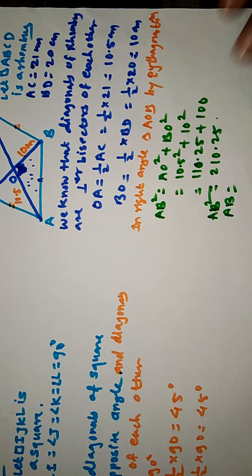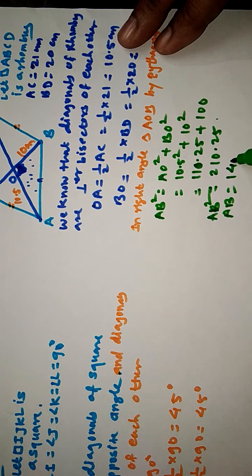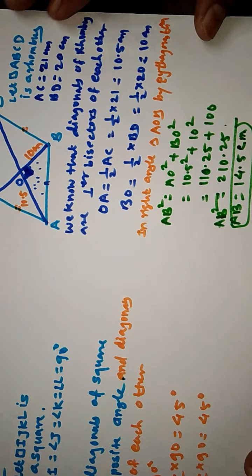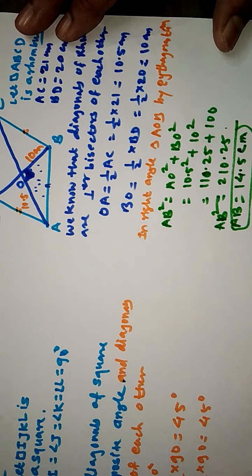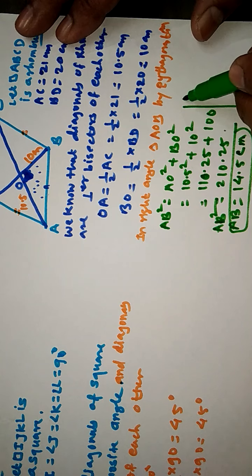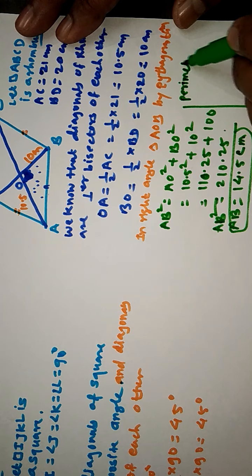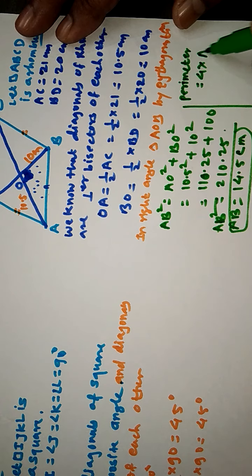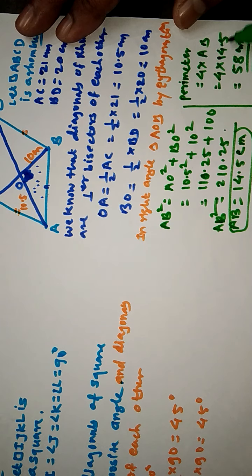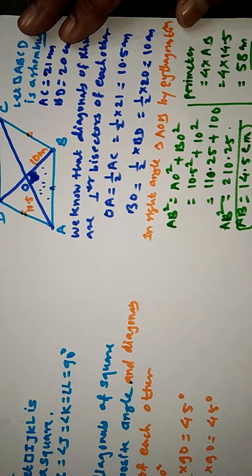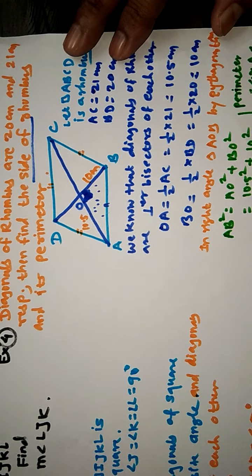Then taking square root on both sides, we get 14.5 centimeter. This is the side of rhombus ABCD. Then what is its perimeter? Perimeter is equal to 4 into AB, means 4 into 14.5. By taking product we get it is 58 centimeter. This is example number 4.